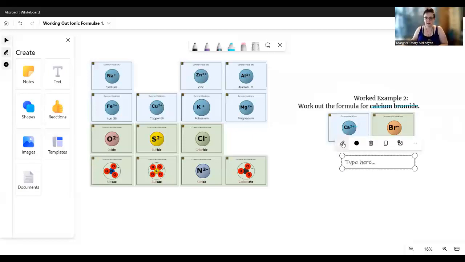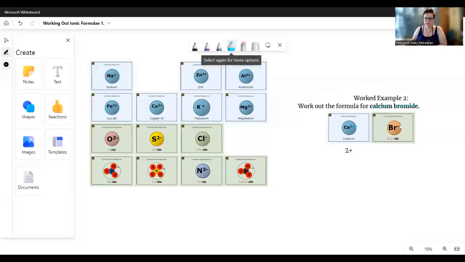So from the metal, we have got the 2+ from the calcium. Now, if we look at the bromide, we see that it's Br minus, so there's no number, which means that there's one of them. So what that means is here, we've got 1 minus.